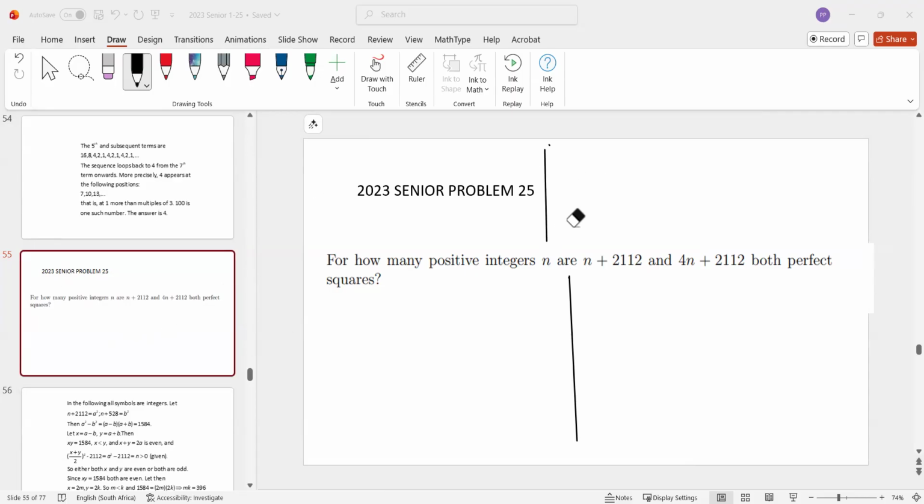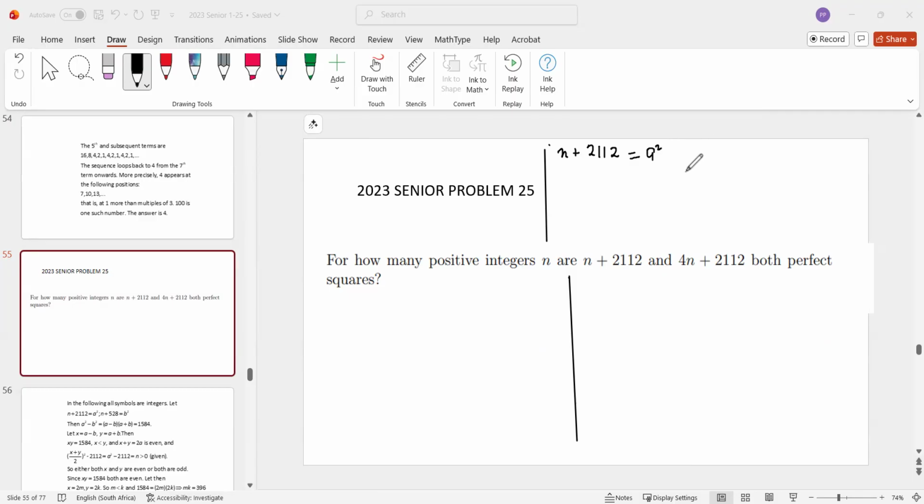So you have n plus 2112 is a perfect square. Let's call it a.